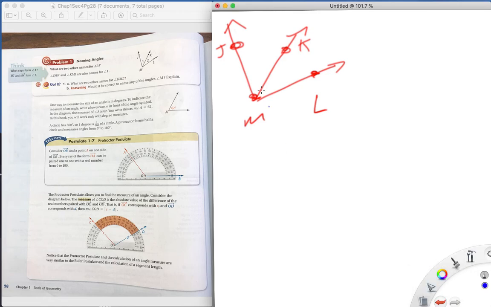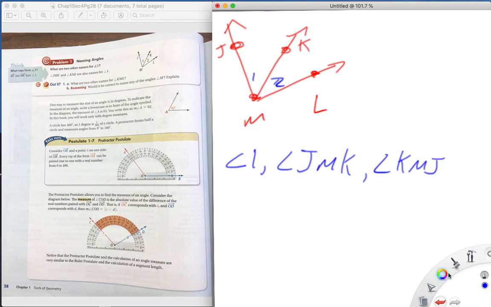And we have some numbers inside in the interior of the rays. So we can call it a lot of stuff. We have the part with the number 1. According to the book, we can call it angle 1, angle JMK, or angle KMJ. Remember that the vertex is always in the middle.